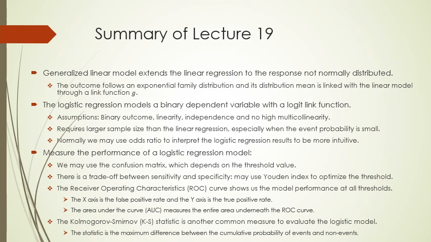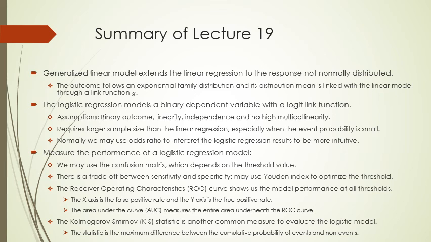The x-axis of the ROC curve is 1 minus specificity, which is the false positive rate, and the y-axis is sensitivity, which is the true positive rate. The area under the curve measures the entire area underneath the ROC curve.